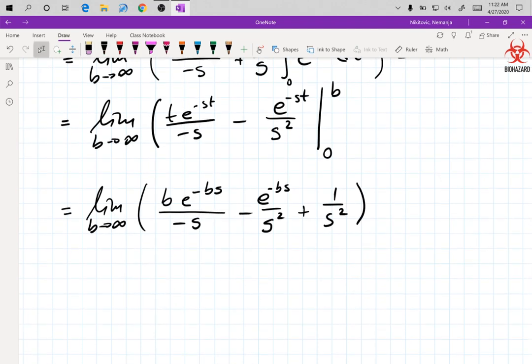And now, when we send everything to infinity, all of these will drop to 0. So this term goes to 0. This term goes to 0. Both terms go to 0, and the whole thing becomes 1 over s squared. Now, before you scream, but hold on, this one is going to infinity and this one is going to 0, how do we know which one wins?